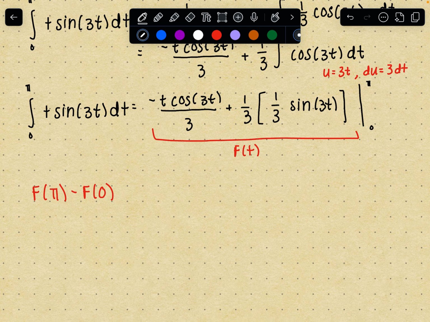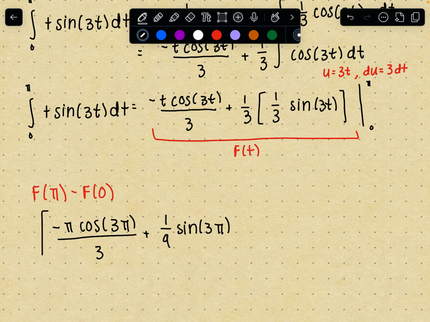So plugging in pi, we get minus pi cosine 3 pi over 3 plus 1/9 sine 3 pi. Then we subtract the same thing, plugging in 0. This first term is going to 0 out, so that's really nice.